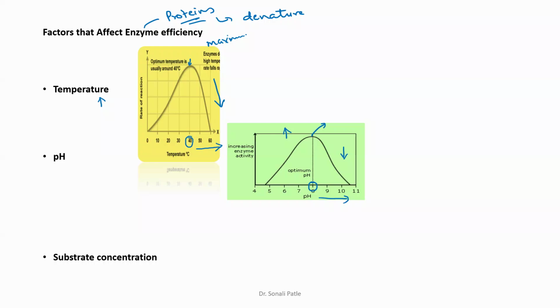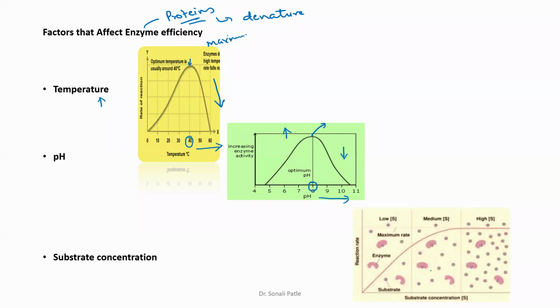Now, the next concept is very important: substrate concentration. That applies to substrate concentration as well as enzyme concentration. When you have the same number of enzymes but you are increasing the substrate concentration, earlier, what will happen?